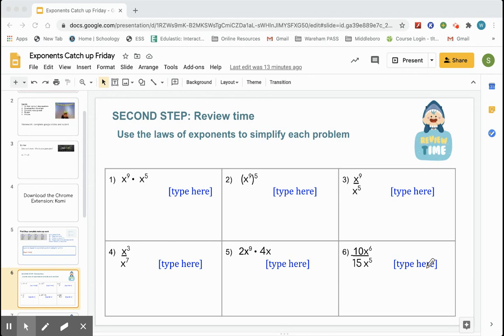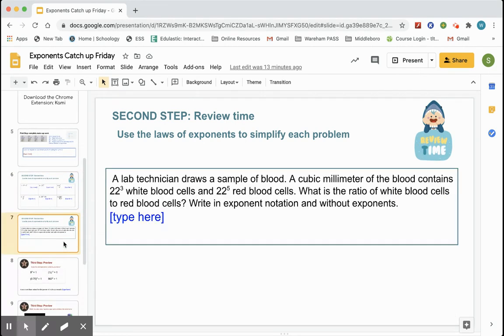All right, the last problem that we're going to look at is a word problem. So again, we are on the last part of our review time.